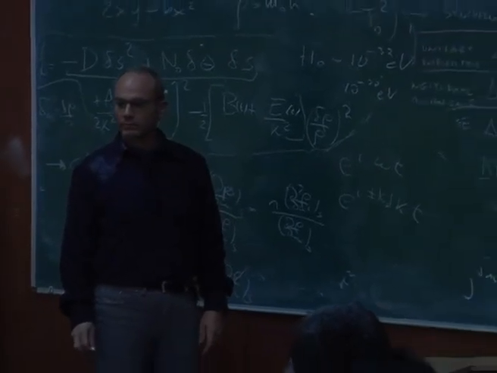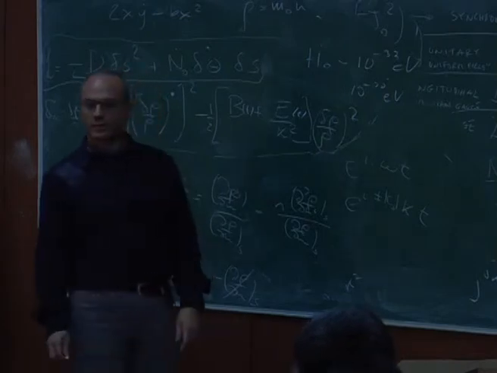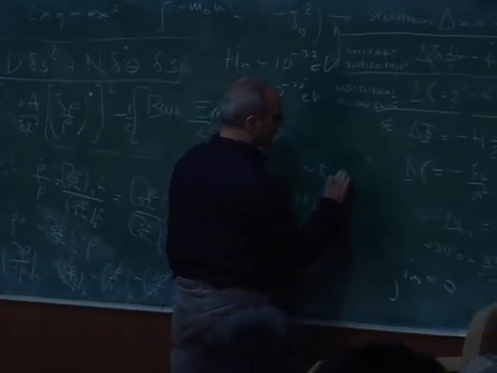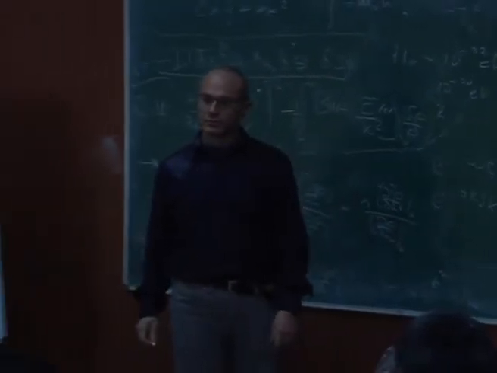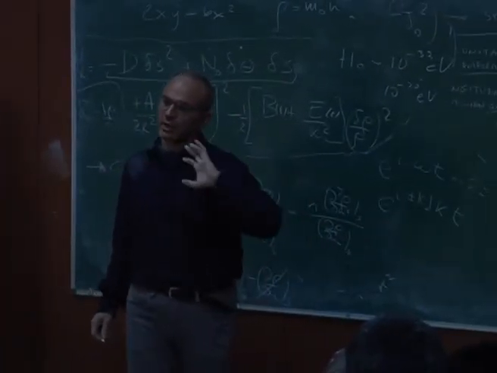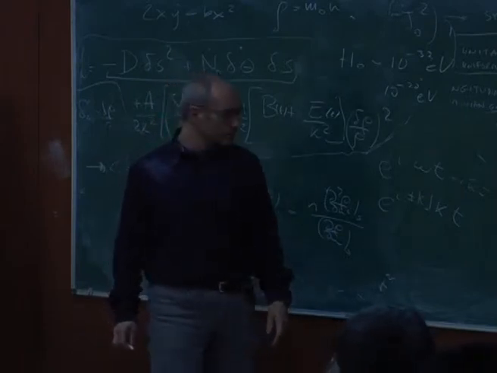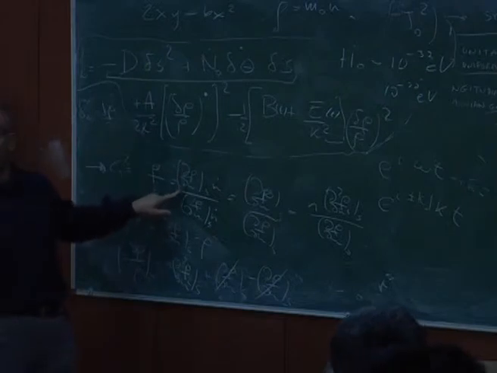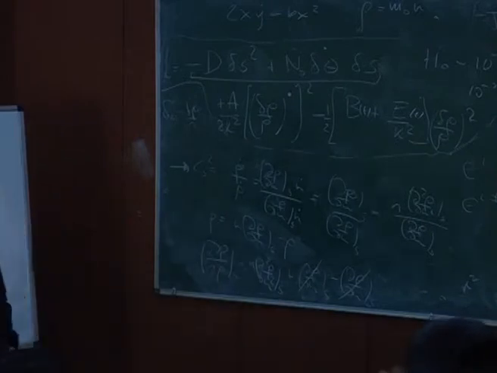Here you are taking delta n of this form, e raised to i omega t. And remember there was plus or minus i k x, this is really a plane wave. Is it rho dot upon P dot, or P dot upon rho dot? This is P dot divided by rho dot, so this is dP over dn, d rho over dn.